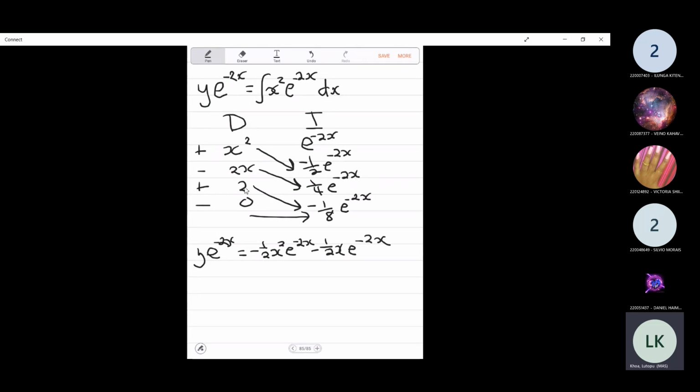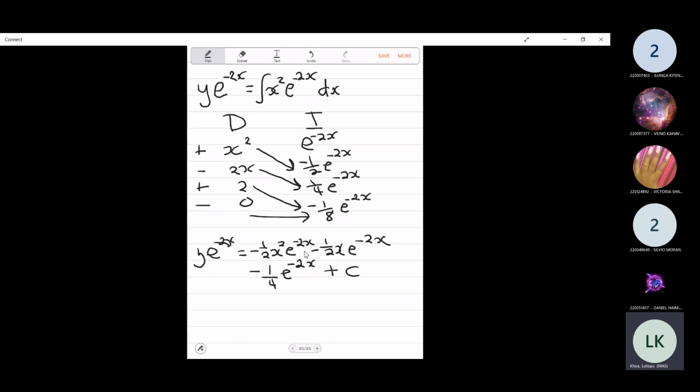Then the next one is a positive 2 times negative 1 over 8 times that, which is negative 1 over 4 e to the power of minus 2x, and then we can add our constant. The last one will be the integral of 0, which is a constant.